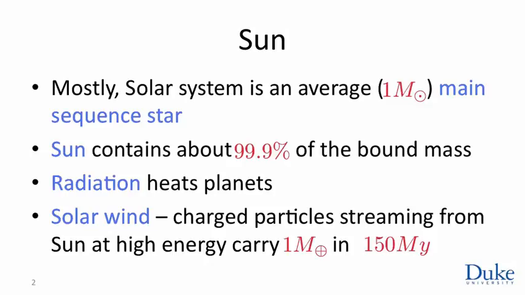We will discuss this when we talk about the sun next week, but this is a non-trivial flux of high-energy particles away from the sun, and as we'll see, it has lots of effects in the solar system. To give you a sense, every 150 million years, the sun loses a full Earth mass to this solar wind, so there is this constant stream of stuff coming out of the sun. Okay, we know about the sun. We'll discuss the sun next week when we talk about stars.